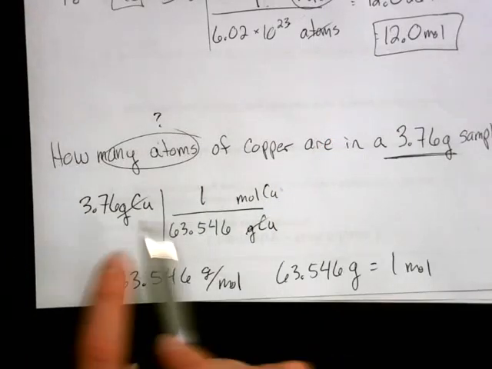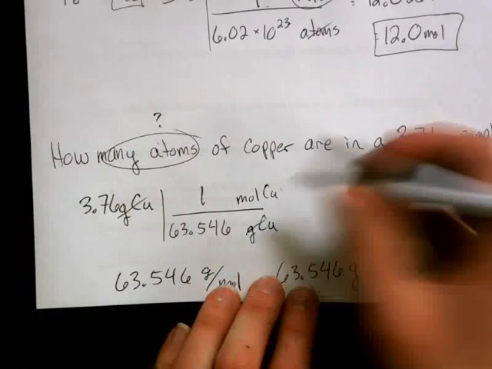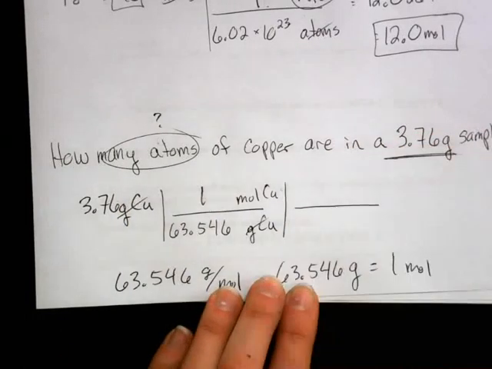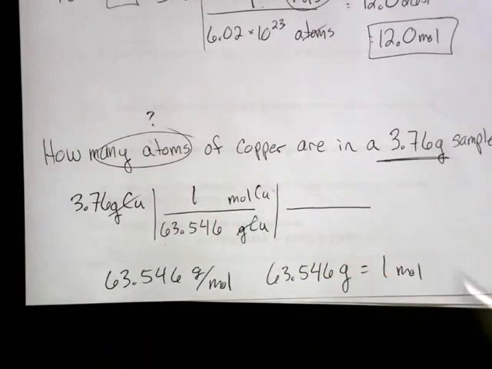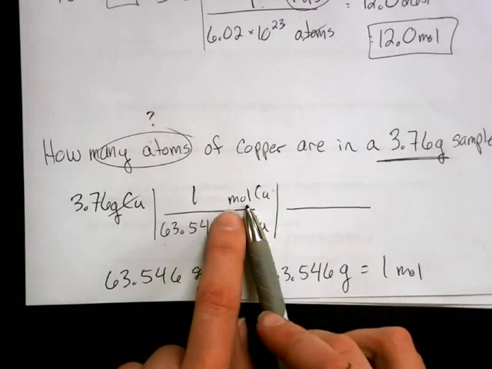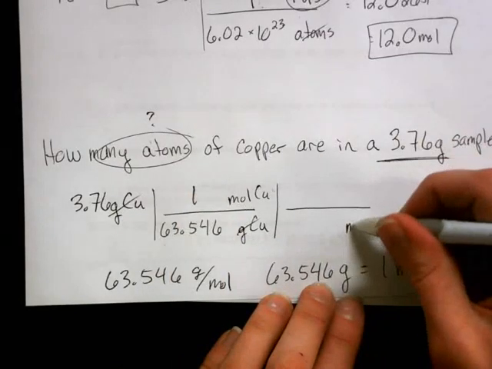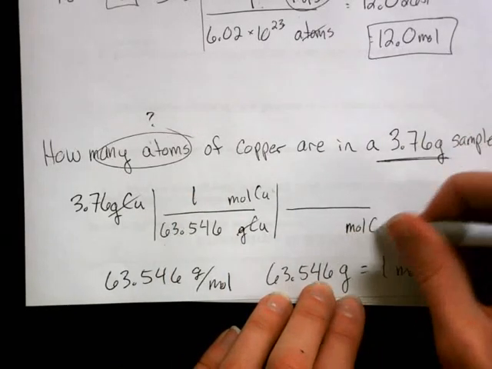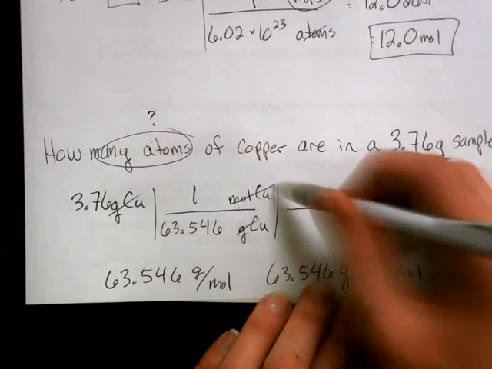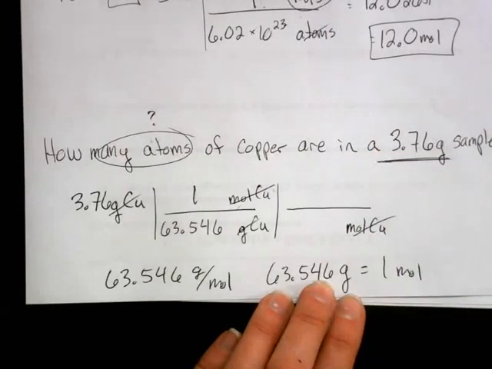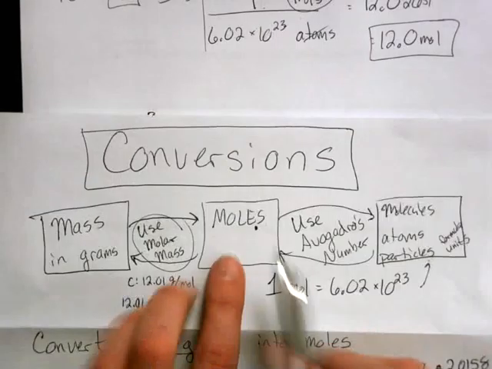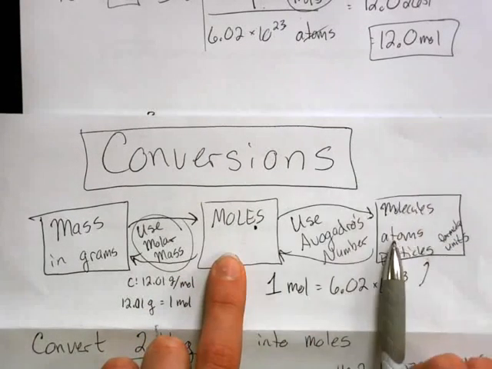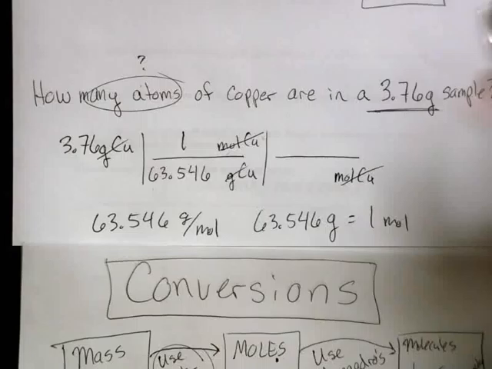Now, I'm not to where I needed to be. I needed to be all the way in atoms. So I have to set up another fence post. Because I don't want to stay in moles, I need to be in atoms. So I have to cancel moles. Moles comes here on the bottom diagonally so that they cancel diagonally. And then I can convert moles into atoms.